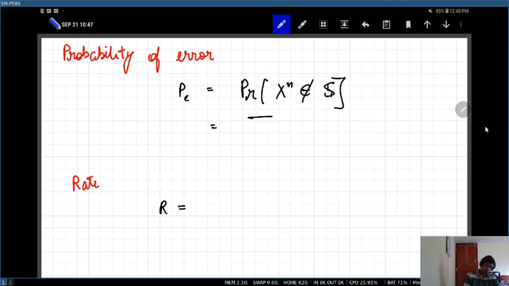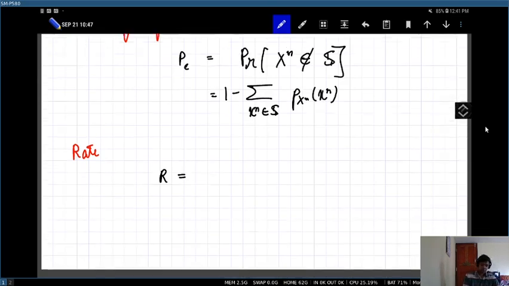So this is the sum over all xn in S complement. Perhaps one nice way to write this is 1 minus the probability that xn is in S. So it's 1 minus the sum over all xn in S of p of xn, right? So this is the probability of error.